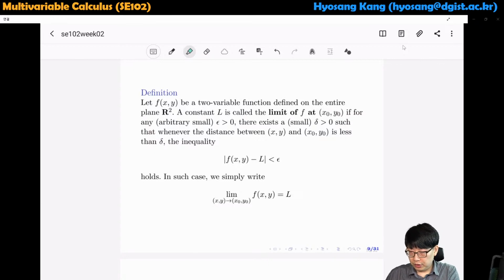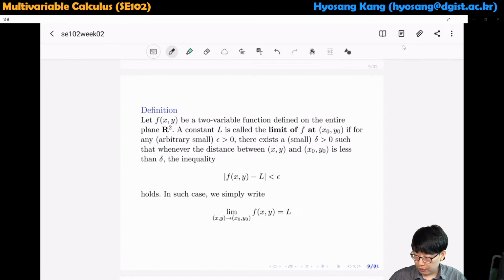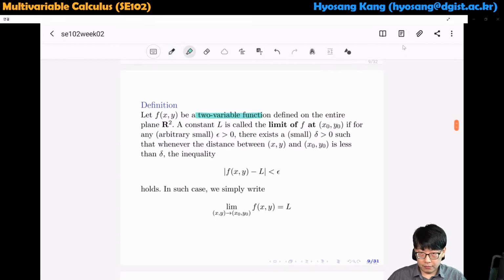Now we're going to explain the real nature of multivariable functions from the basic definition of calculus. Let's talk about a two-variable function, because that's the simplest multivariable function you can think of.